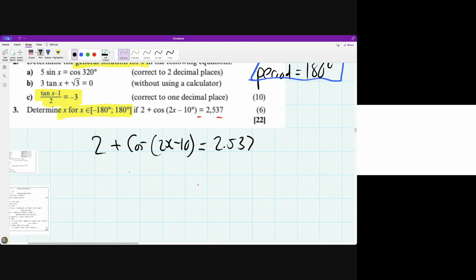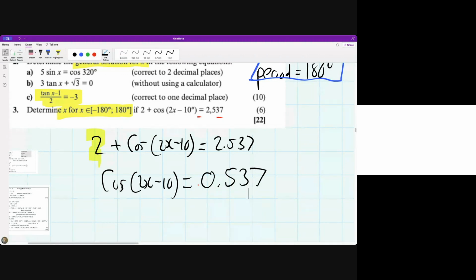Make it 0? I like sort of. Well, I was thinking this 2 seems a bit lost. I think I need to get the thing where the equation is by itself. So I'm going to bring this across and I'm going to get -2. So if I take away 2 from this, I'm going to get left with 0.537. Thumbs up or thumbs down for that one?